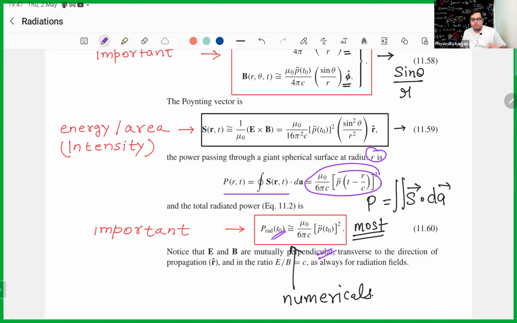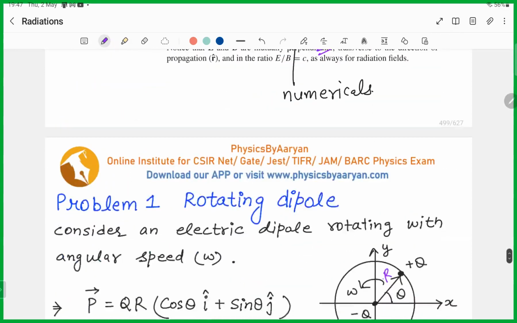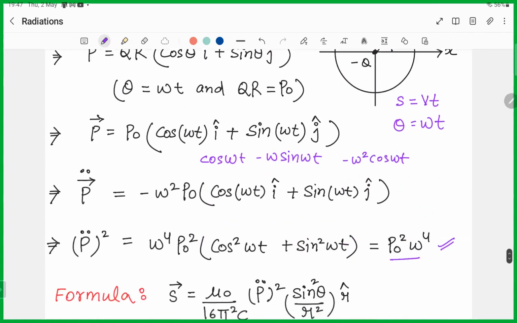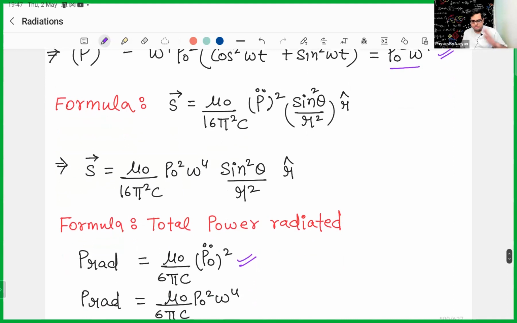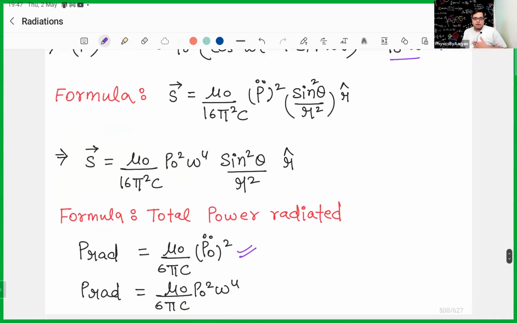So we are restricting ourselves to one time, T naught. Time is a fixed quantity here. Time is not changing. The time is fixed here, right, sir? Yeah, in these questions, time will be fixed. In your entire syllabus, time will be fixed. Don't worry about the time.